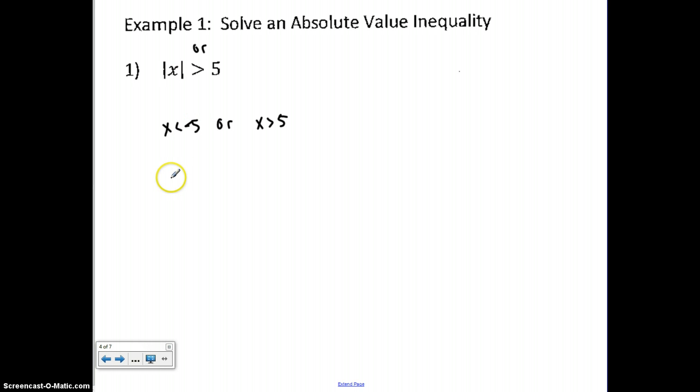So for example, if I choose negative 7 and do the absolute value of negative 7, it will be larger than 5. Well, yeah, 7 is larger than 5. That's true. Anything larger than 5 will also make the inequality true. So if I choose 6 and I do the absolute value of 6, it should be larger than 5. Well, yeah, 6 is larger than 5. So this is just doing a check step to see, all right, are these inequalities true?